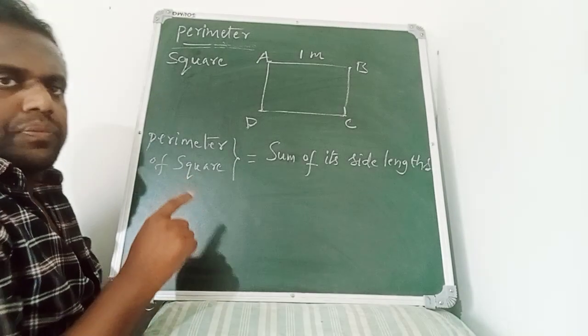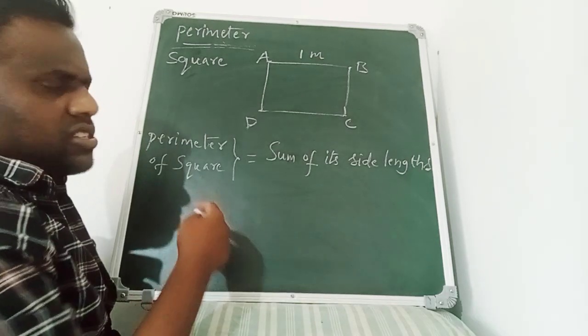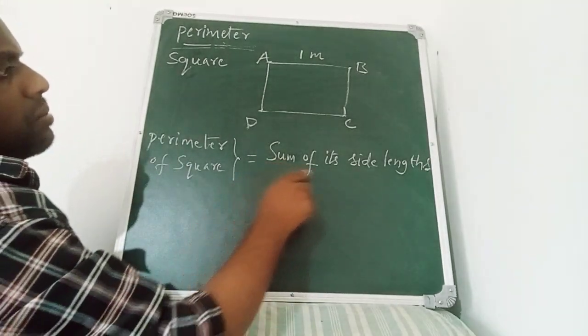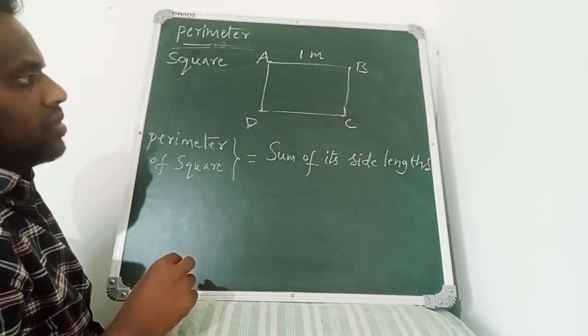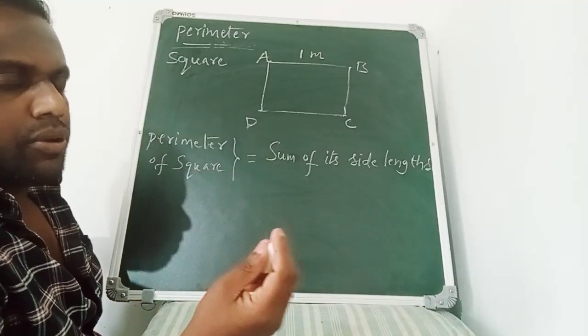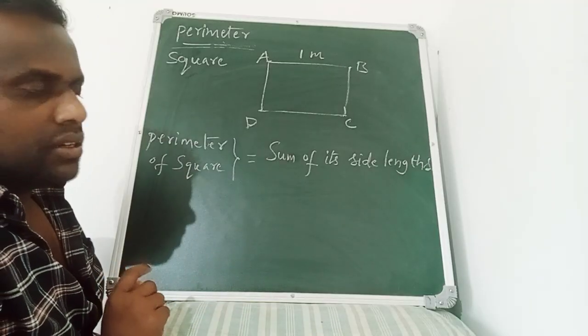So this is the formula. It is similar to the rectangle only. Okay. Sum of its side lengths. That means what? We have to add the side lengths, like how you have added in the case of the rectangle.